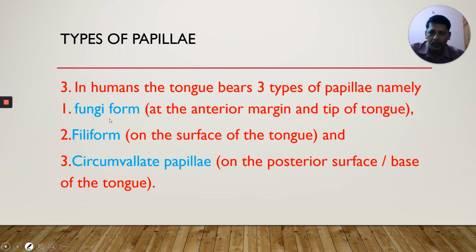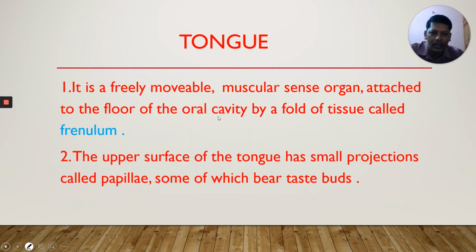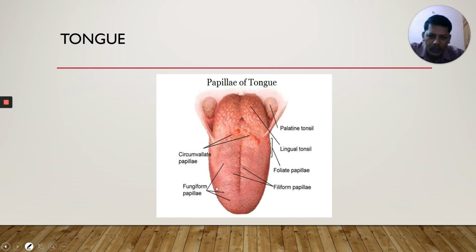What are the 3 types of papillae? Fungiform papillae, filiform papillae, circumvallate papillae. And where are these papillae located? This is the location of papillae. Fungiform papillae are present in the anterior margin and tip of the tongue.